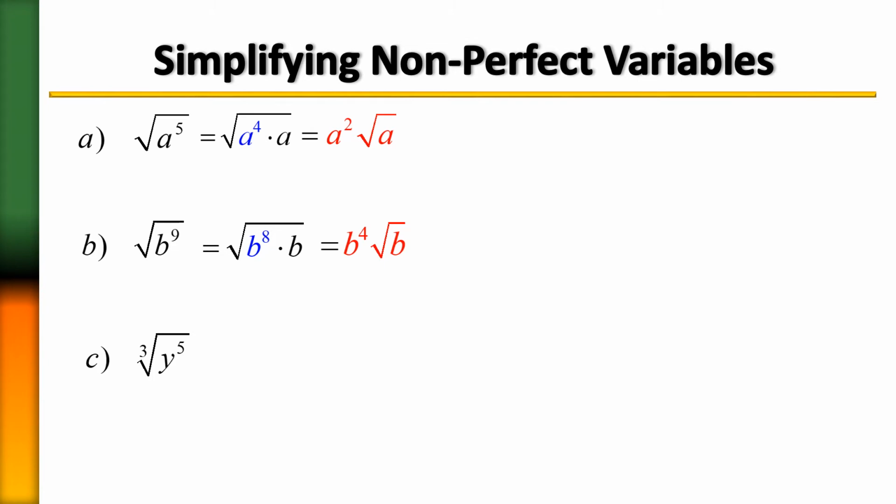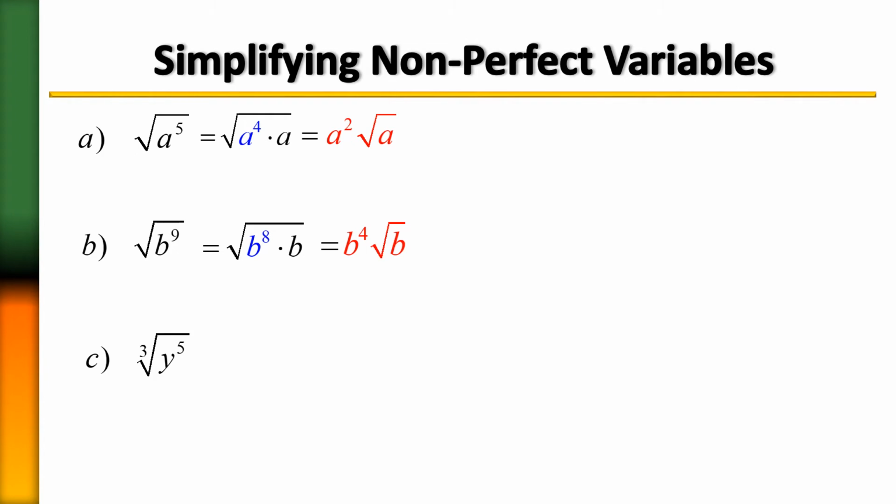Now going down 1 is not going to help us because y to the 4th power is still not divisible by 3. So we have to go down 2. Once we subtract 2 from that 5, we get 3, which means we can make a perfect cube root of y to the 3rd power.